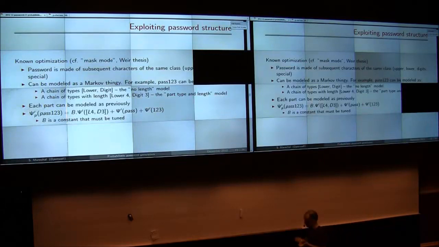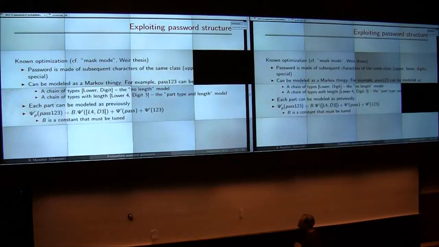And the next model is a model with length, which is a list of character classes along with the corresponding length. So in the case of pass123, it's 4 lowercase characters and 3 digits. All right? And here the idea is that I can compute the score of each subpart just as I did previously in the classical Markov mode.